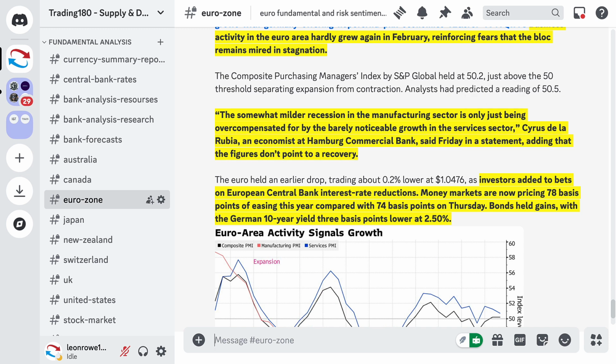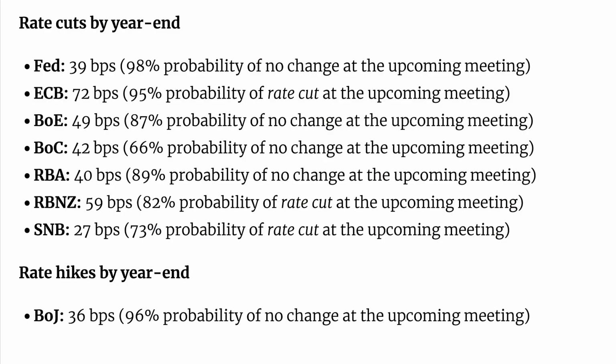So yeah, it looks like the euro is cutting the most. When we look at the rate cuts by the year end, we see here that the Fed are the bank that are probably cutting the least. Now you might look at the Swiss National Bank and say, well, they're cutting the least, but also they are lightly intervening in their currency to make it cheaper.